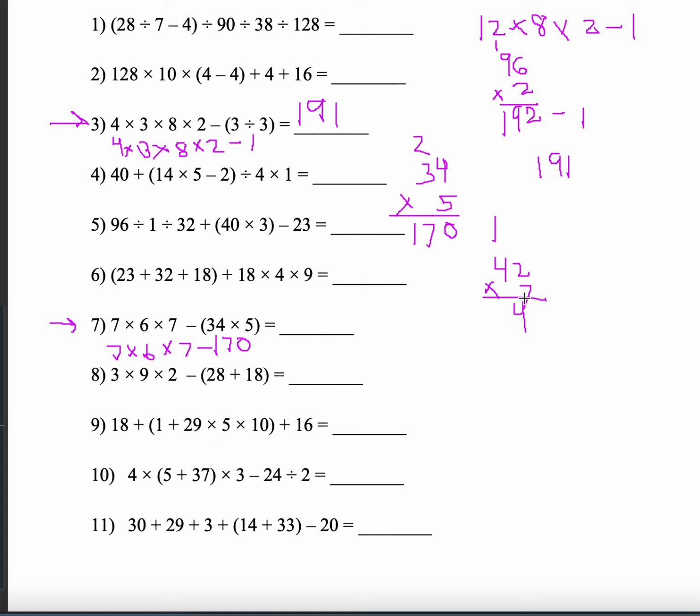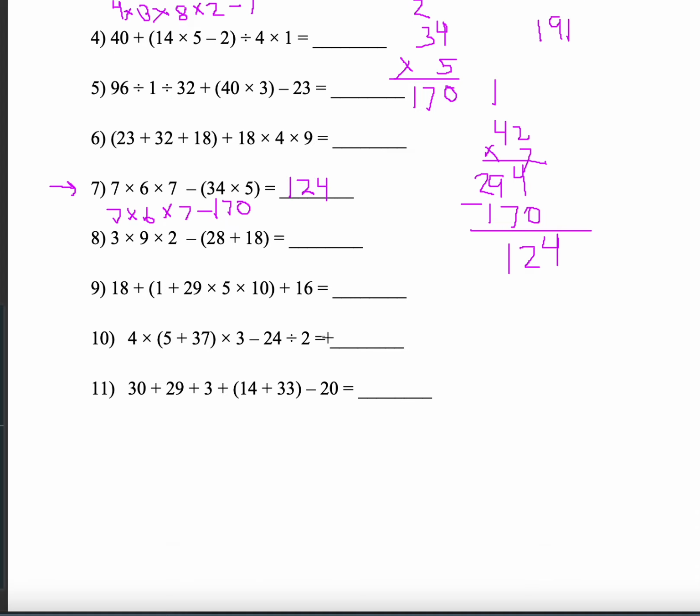We add the 1 here. 28 plus 1, 29. And then we have a minus 170. So we can subtract that right here. 4. This is a 2. And this is a 1. So this is 7 times 6 times 7 minus 34 times 5 is 124.